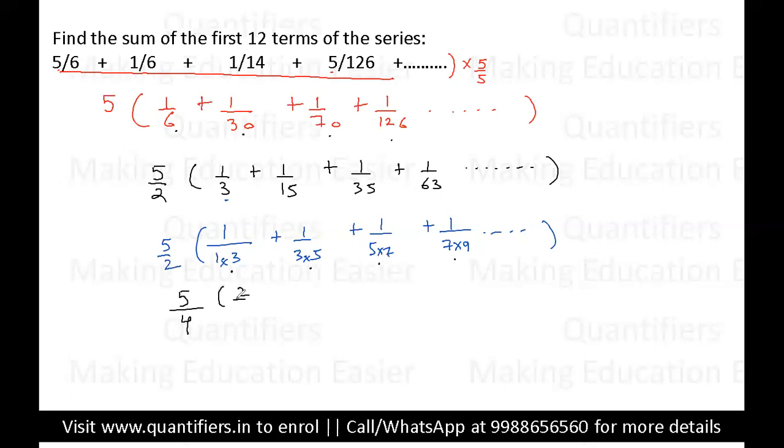So I finally get 2 by 1 into 3 plus 2 by 3 into 5 plus 2 by 5 into 7 plus 2 by 7 into 9 and so on. Now students, you can easily write these terms. You can split it into 2 parts as we discussed in the beginning. So now just focus on the terms which are inside the bracket. Let's forget about the outside right now.